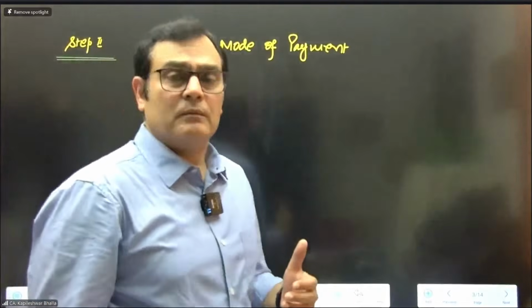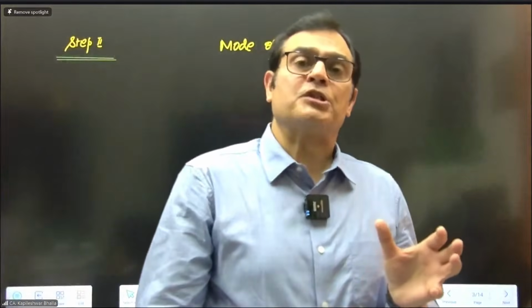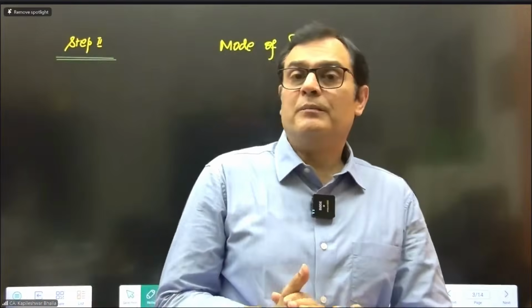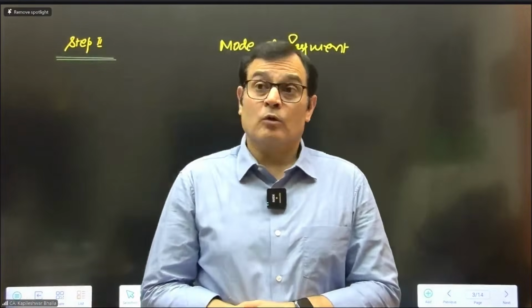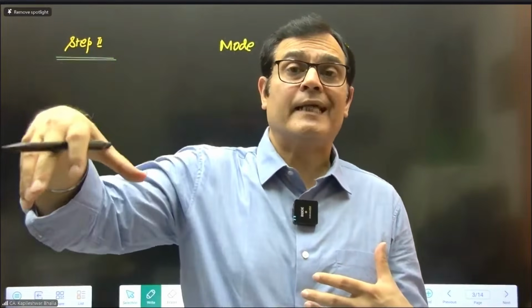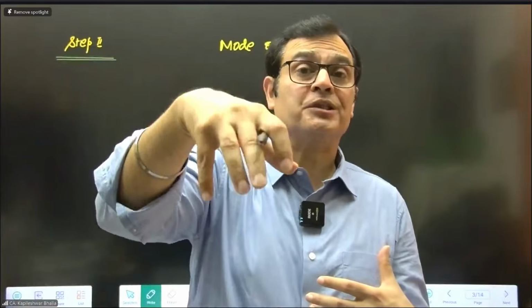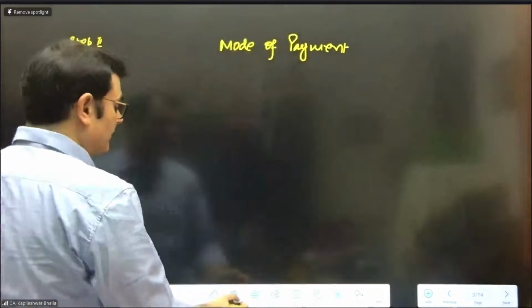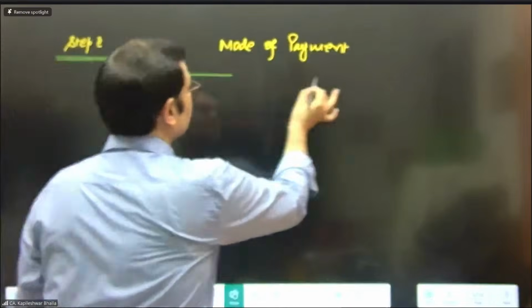Without getting into too much technicality, we can say there are basically two modes of payment. Either we make a payment in cash or we make a payment in shares, or it could be discharged by way of goods and services. The contractual obligation of the company could be discharged in cash, in shares, or in goods and services. So we can divide this into three parts.